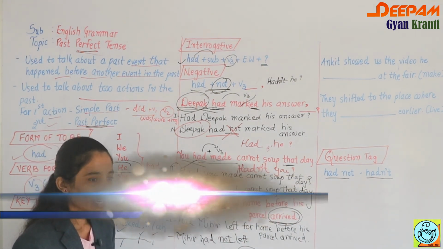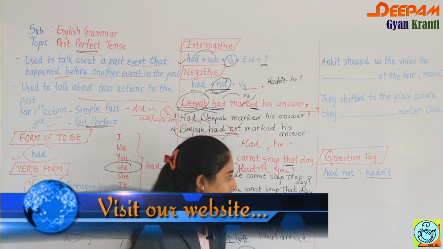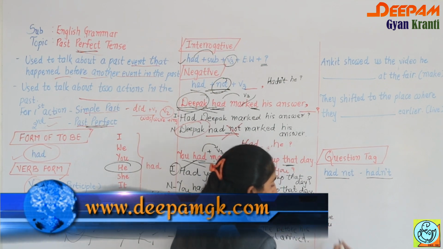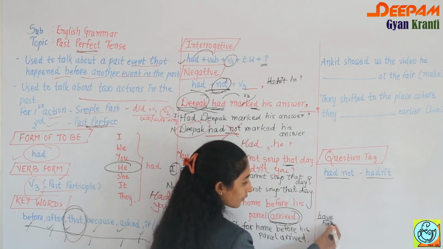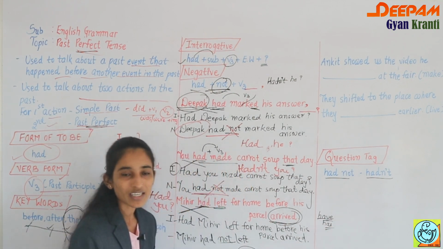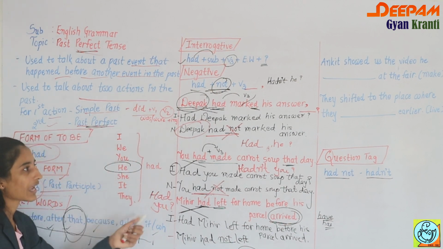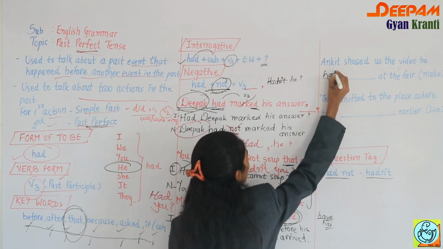See, when we discussed the present perfect tense, we had the form of to be, have and has. So first of all we had to check with which subject we had to put have and has, but here it is not like that. For every subject we have to use had only. So first comes he, so definitely we have to put had.